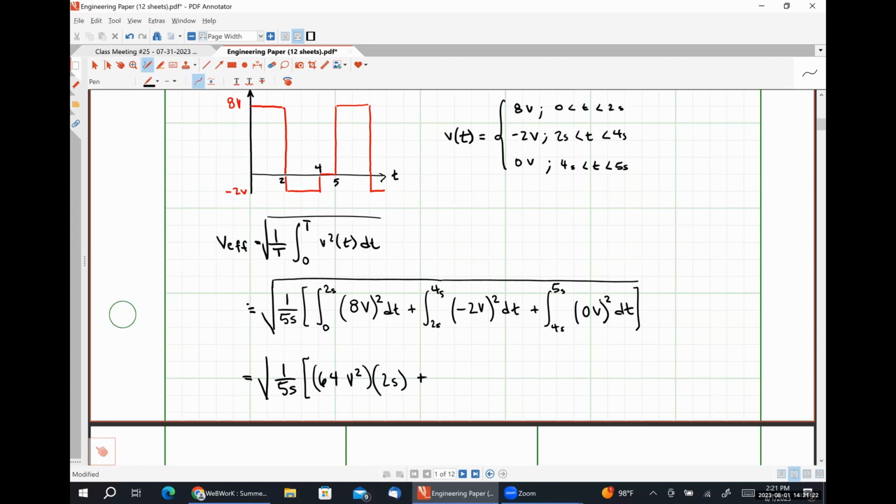Then I'm going to have negative 2 volts squared, which is going to look like positive 4 volts squared. Four seconds minus 2 seconds is 2 seconds. Then I'm going to have 0 volts squared, and 5 seconds minus 4 seconds is 1 second. So obviously this last term is just 0.